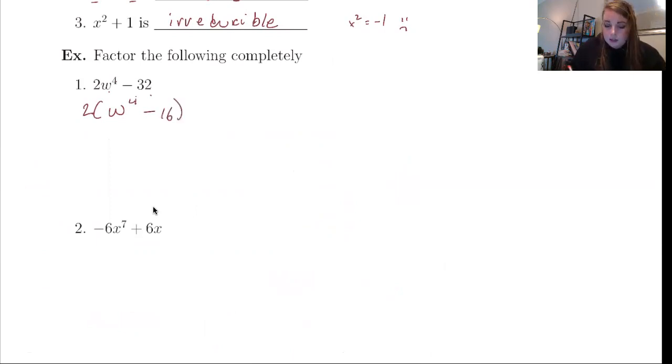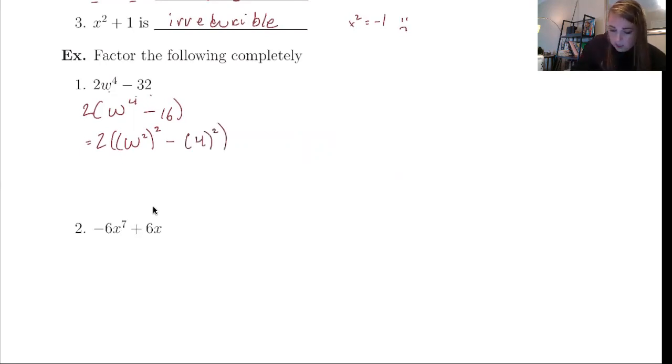So then I can rewrite this as 2 times w squared, squared. Do you see that? It's an exponent rule that when I write it like this, 2 times 2 would multiply together. And that gives me 4. And then 16 is 4 squared.